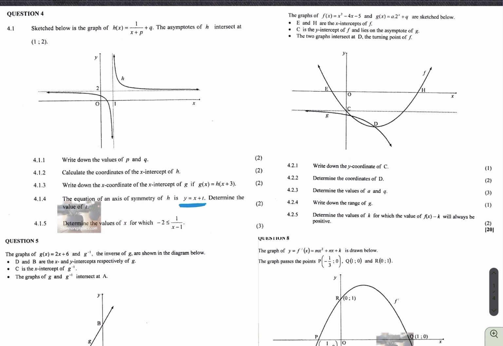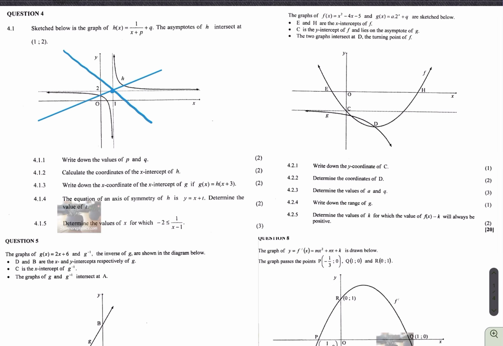This one, you can see that it's the one of a positive gradient, but it's going to have a y-cut at t. Remember that this axis of symmetry is going to intersect with the one of a negative gradient at that point of the asymptotes. So let me really try to visualize it in this way. This is the graph there. I'm looking for the y-cut of it at that point, which I don't know, but I will find it.